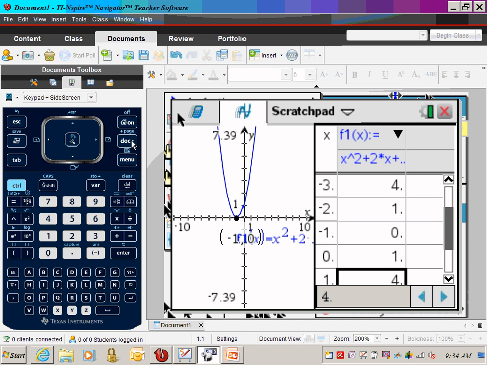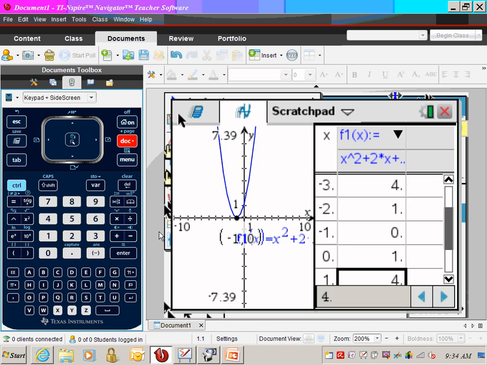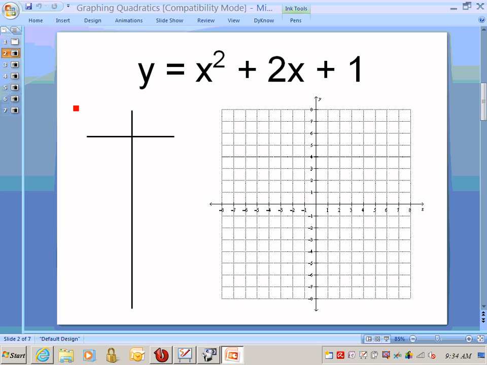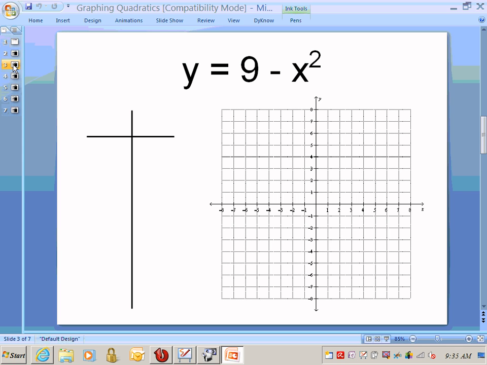Let's clear our graph. So we have Doc B clear. And let's go look at the next one. Okay, I've got y equals 9 minus x squared.